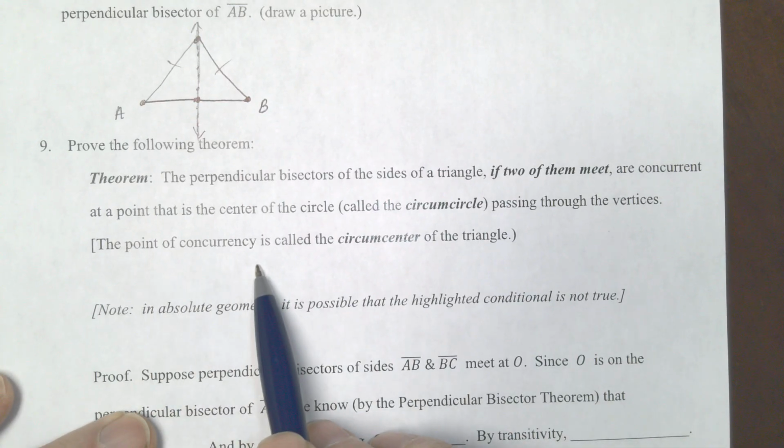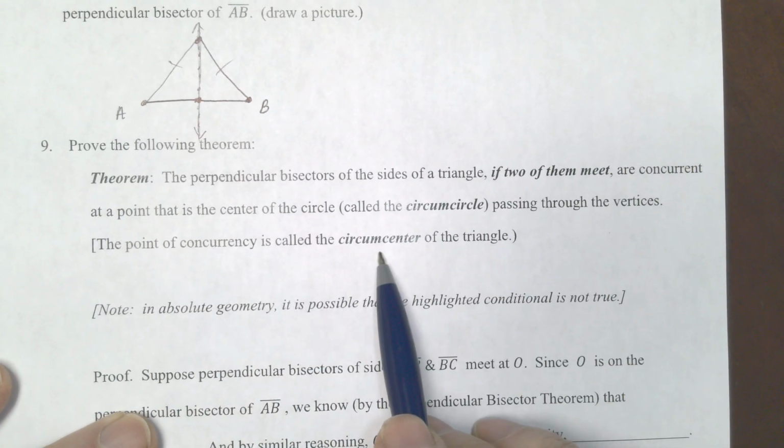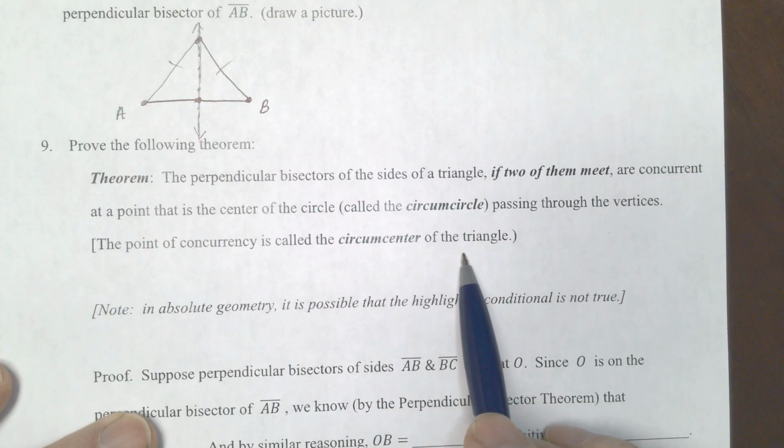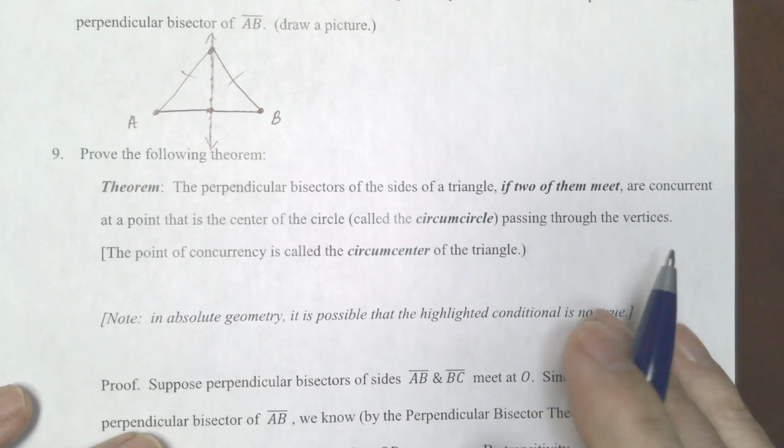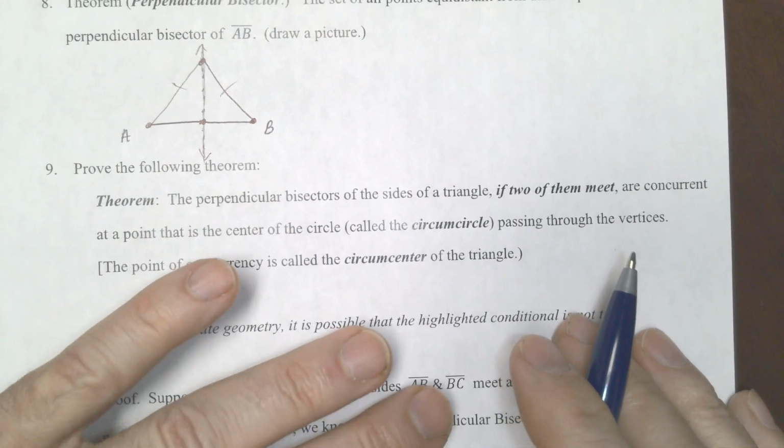The point of concurrency where they meet is called the circumcenter of the triangle, the center of this circle we're talking about. Okay, well, let's start off, figure out what we're doing.